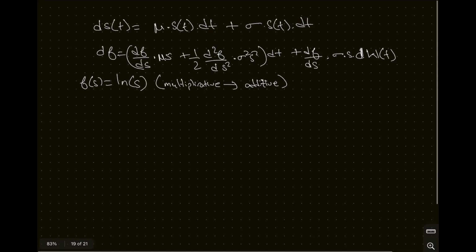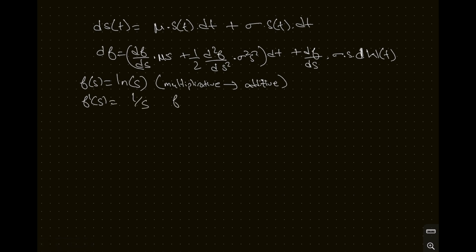As we know, f dash of S would be 1 by S, and f double dash of S would be minus 1 by S squared. So we have df by ds and d squared f by ds squared.